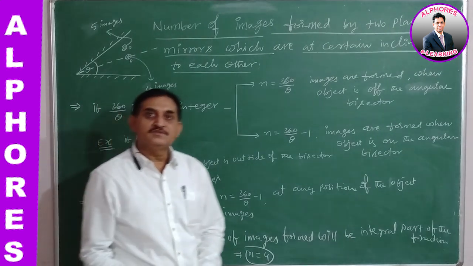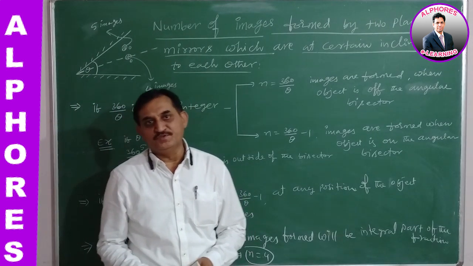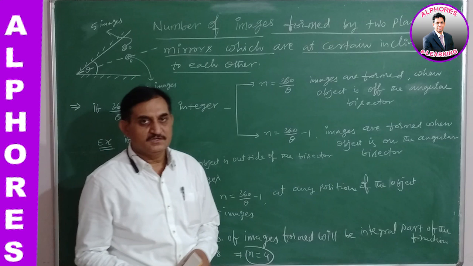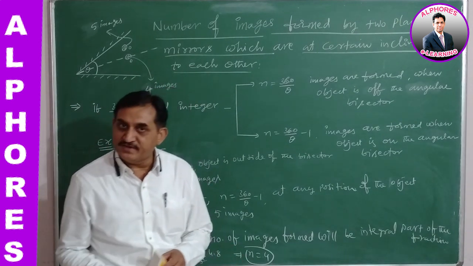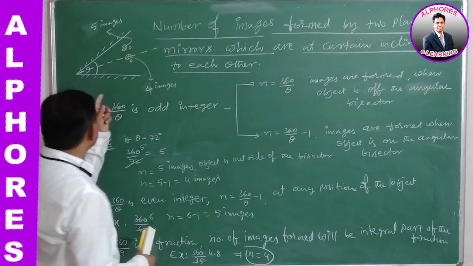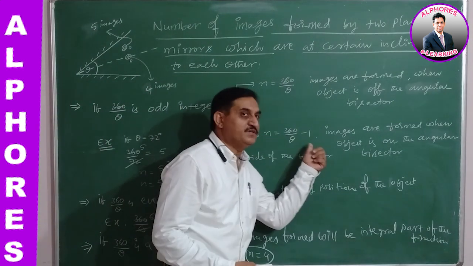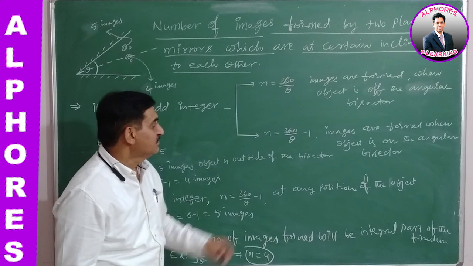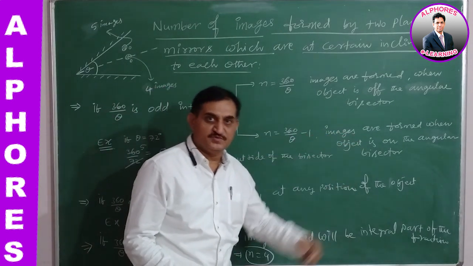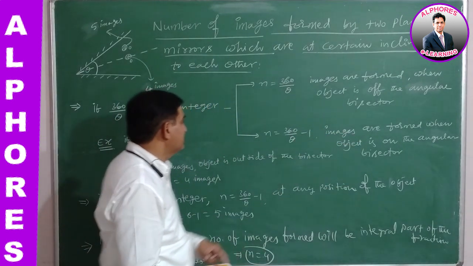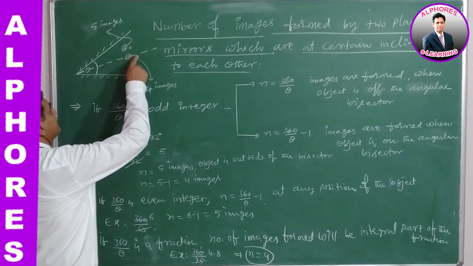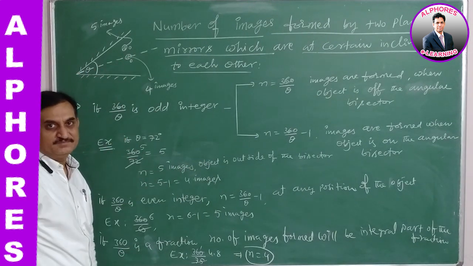Suppose the position of the object is changed such that it is exactly on the angular bisector, then the number of images formed will be 360 by theta minus 1.